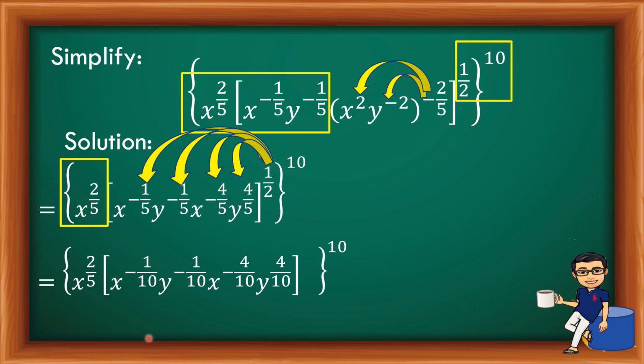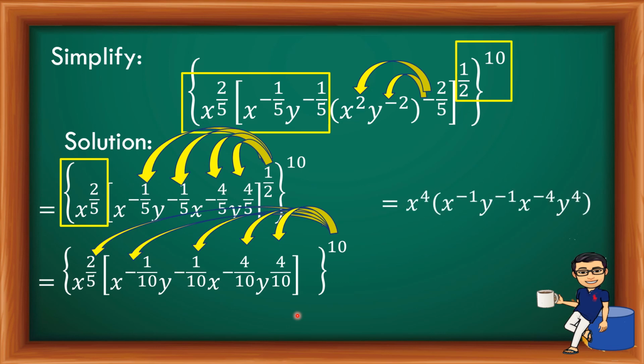Then after that, this time around, the exponent 10 on the braces is what we distribute one at a time to all the parts that have an exponent. So we have that, and this will be the result. x raised to 2 times 10. 10 times 2 is 20. Divided by 5 is 4.